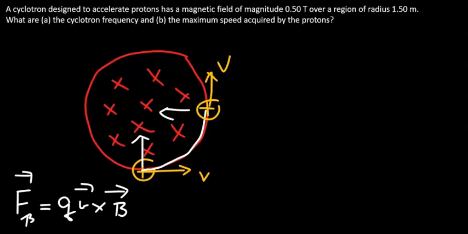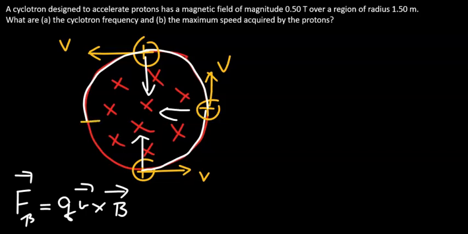And that means the magnetic force will slowly deflect the proton to the left until it gets to the topmost position. At that point, the proton would be moving to the left. The magnetic force would be directing downward, and that would slowly deflect the proton downward until it gets to the leftmost position.